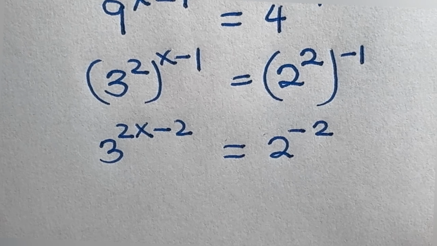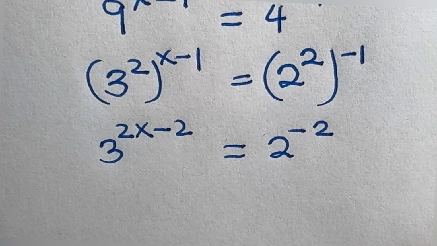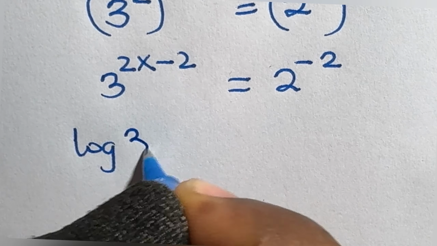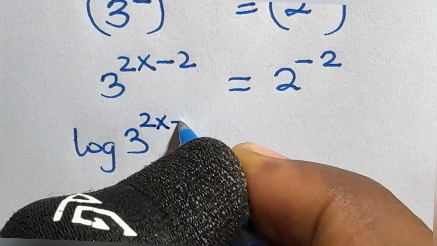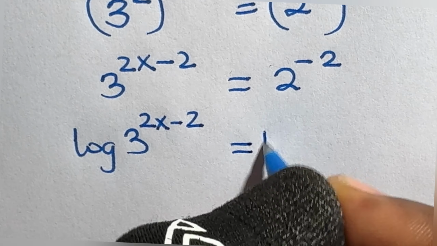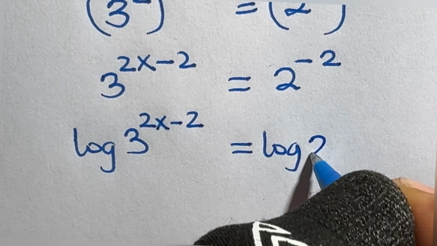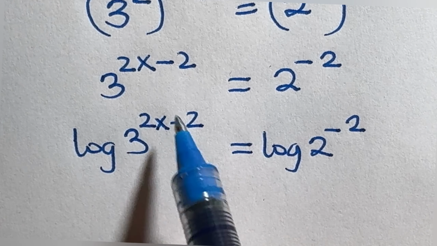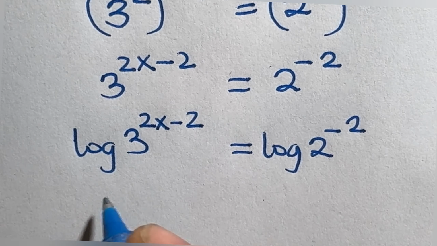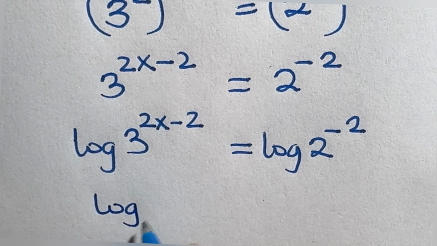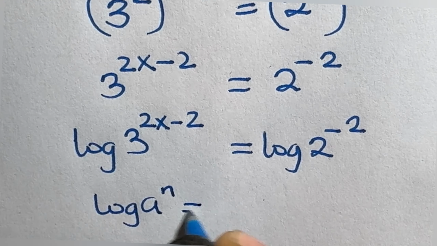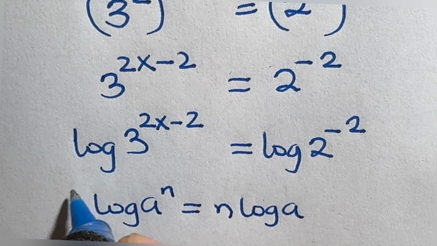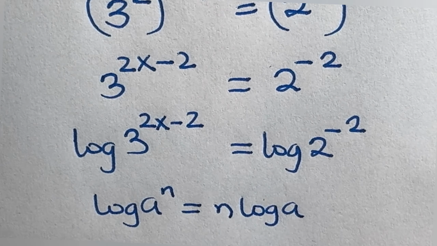At this point, I can then take the logarithm of both sides. So I have log 3 raised to power 2x minus 2 is equal to log 2 raised to power minus 2. Applying the law of logarithm that says I can transfer this power to the back. For those who don't know, if you have log a raised to power n, this can be expressed as n log a, simply transferring the power to the back of the logarithm to become a coefficient.